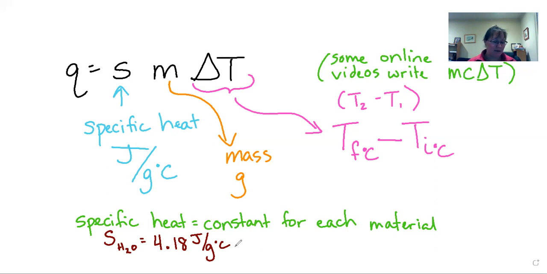The specific heat for iron is 0.45 joules per gram degree Celsius. It's different for every substance you're going to work with, and it's a piece of information that you will be given in a problem.